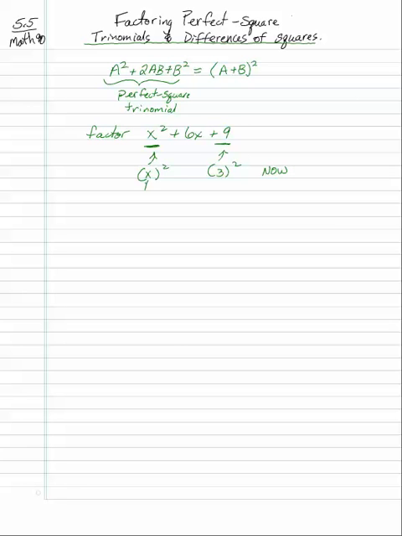So this is your a, that's your b. Now check that the middle term is 2ab, so 2 times x times 3. If it is, then you're done. It's just going to be x plus 3 squared.